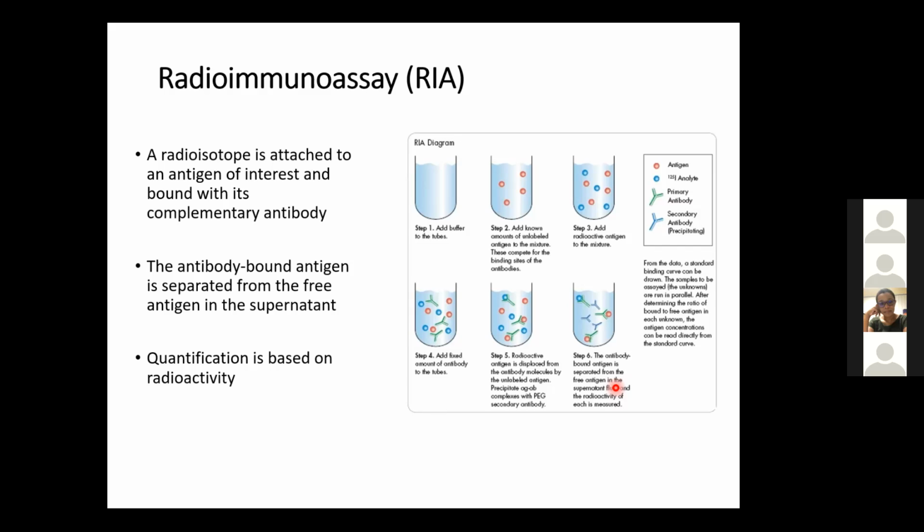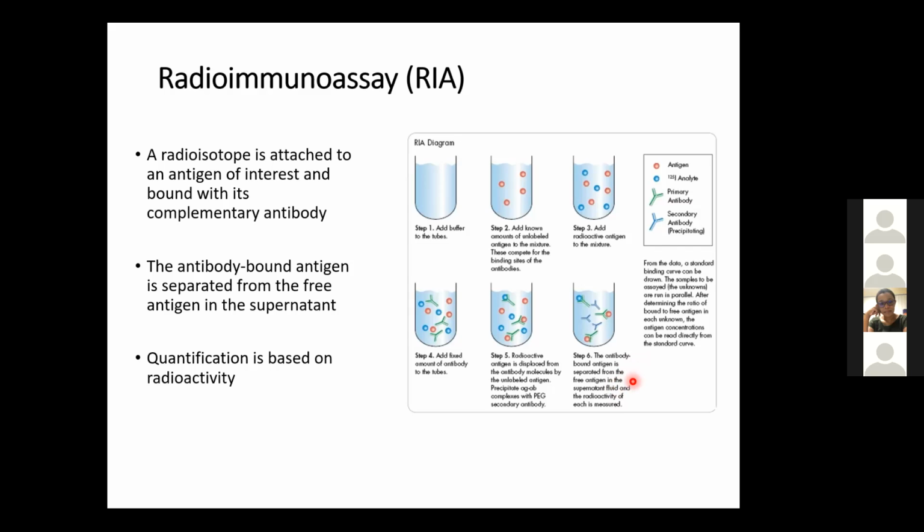The secondary is just the one that causes the precipitate to form. I'm not sure if it's based on molecular weight or not, but it just causes the precipitate, and it allows you to measure the antigen that is now in the supernatant. And then the radioactivity, is it measured in the supernatant or is it measured in the precipitate?